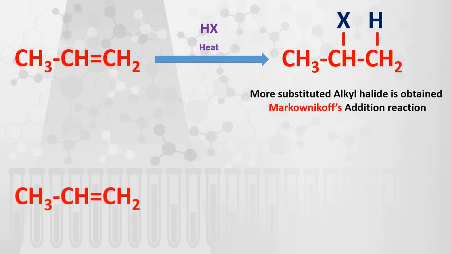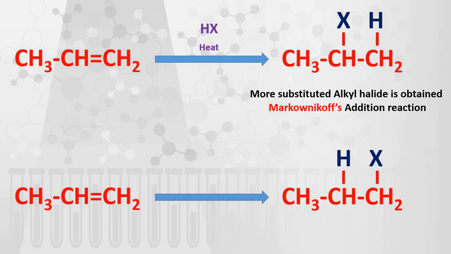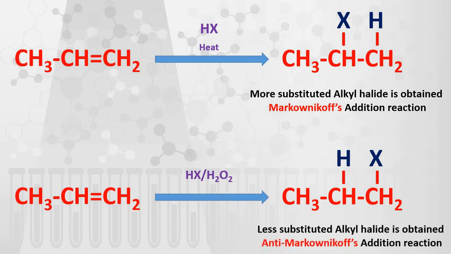Another product for the same alkene, if you use a different reagent, that is hydrogen peroxide, is the less substituted alkyl halide, and the product is according to the anti-Markovnikov's addition rule.